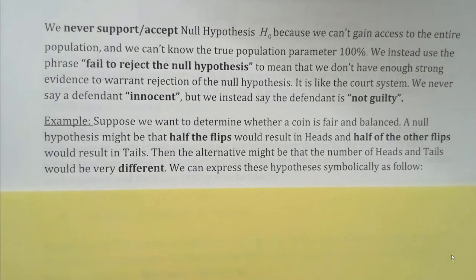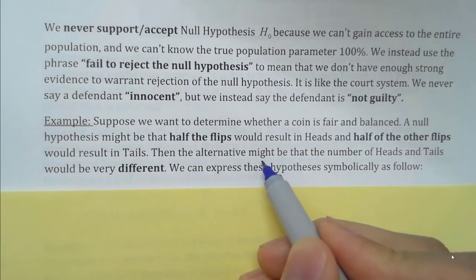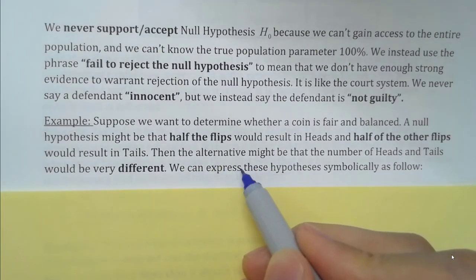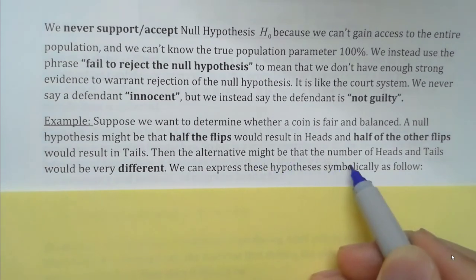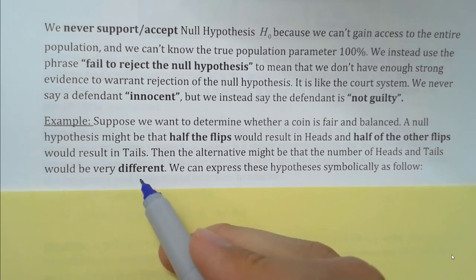If you're flipping, for example, 1,000 times, then half of the flips would give you heads and the other half should give you tails. Then the alternative hypothesis might be that the number of heads and tails would be very different.